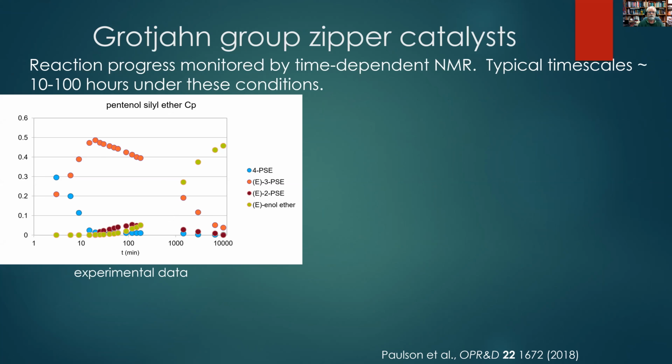Overall, what we're trying to do here is take the kinetics that they've measured. So what they're doing is monitoring the reaction by taking an NMR spectrum of the reaction mixture sometimes every 10 minutes, sometimes every couple of minutes, sometimes every half hour, and following the progress of the reaction that way.